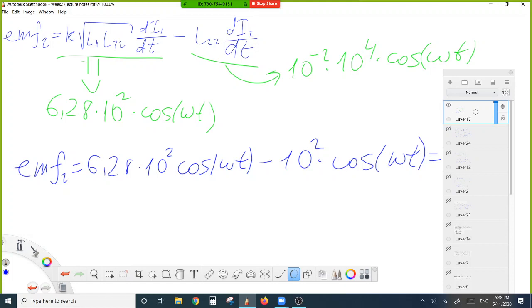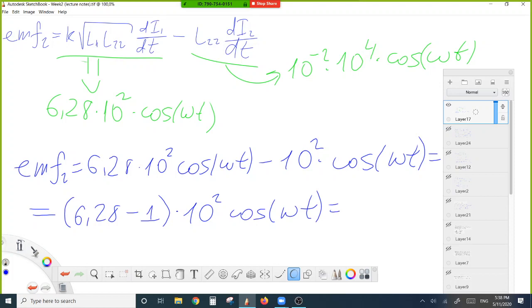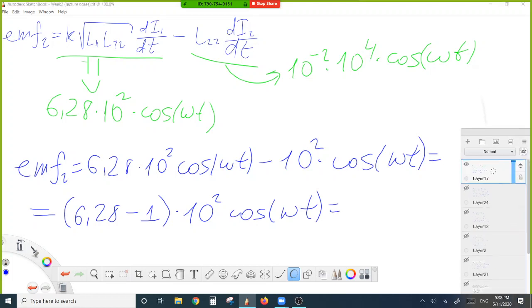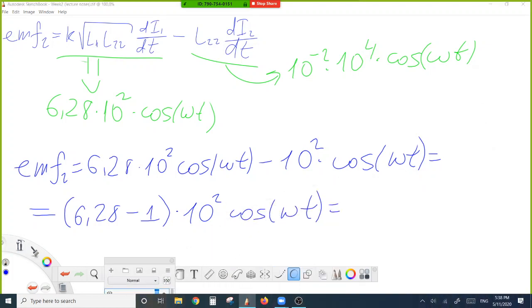So finally electric motive force 2 is equal to 6.28 minus 1, 10 to the second power, cosine omega t, which is 528 multiplied by cosine omega t volts.